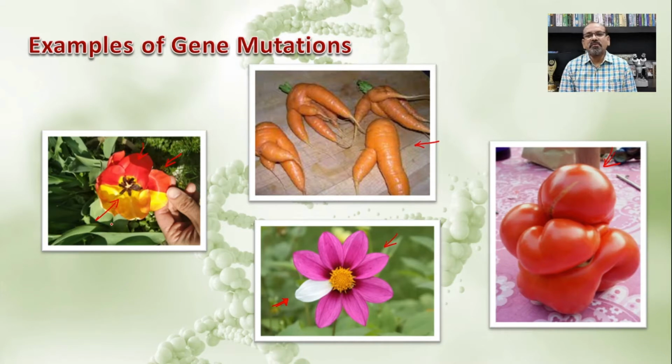This is again one example of mutation. So thousands of mutations occur in nature due to different natural conditions, and even such mutations can be introduced in plants or crop plants.